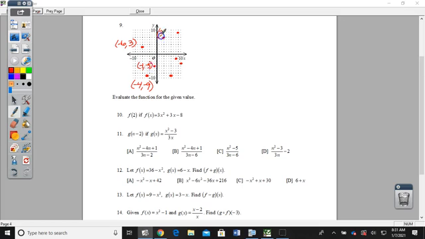The next points are 3, 7 and 10, 9. Then negative 3, 2. Then 6, negative 9. This one's 8, 2.